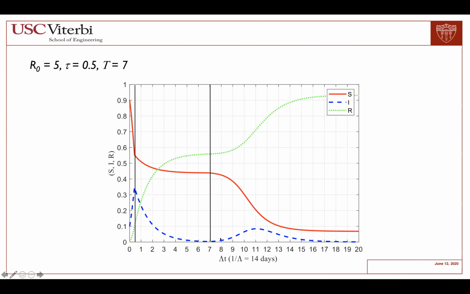You will again see a rise in the infection rates, and a drop in the susceptible population, and then later, with a lag, an increase in the recovered population. The steady state you'll reach is not that different from what you would have achieved if you had not instituted any policy, which is basically that most people would have gone through the infection, about 92 or 93% of the population.